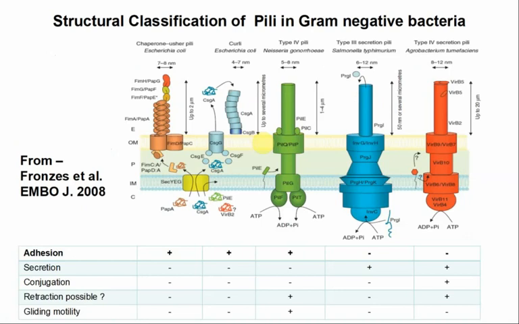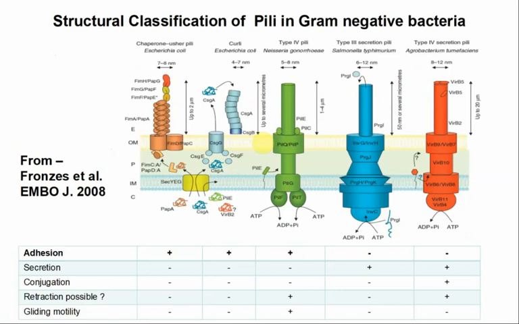Now, I'm going to spend a little bit of time trying to explain the important points in this diagram here. What you need to know and understand is which type of pili do what and why.